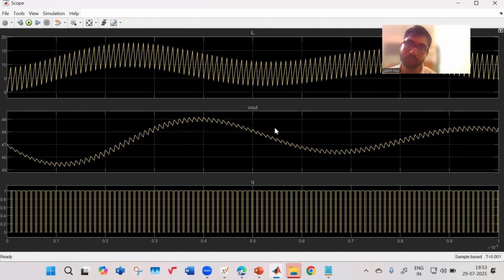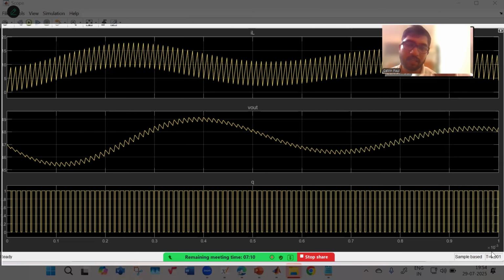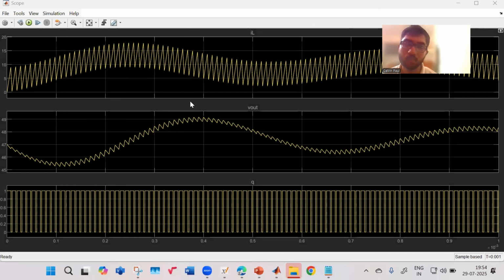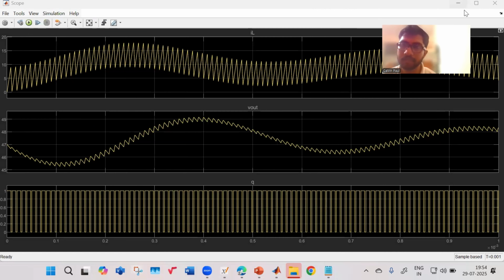Some of you are students, some of you are PhD scholars. You will have to make reports, you'll have to give presentations. You can't just take a snipping tool, snip this and put it like this and show. It doesn't look good. You can't do that, right?